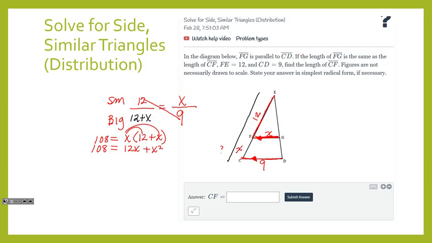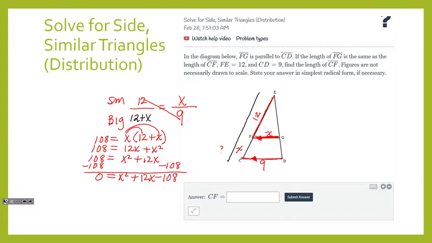It's going to be a quadratic. You guys remember quadratics? Well, here we go. So I'm going to put this in order of a quadratic. X squared plus 12x, I'm going to minus 108. So I get 0 is x squared plus 12x minus 108.